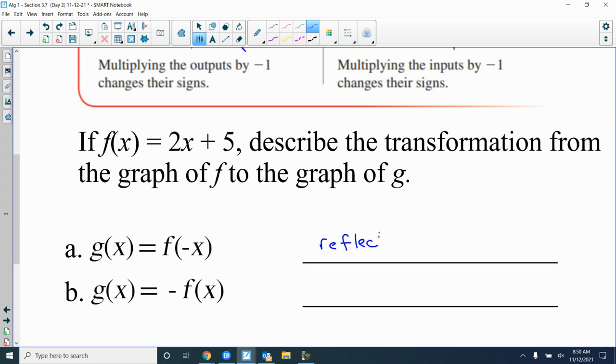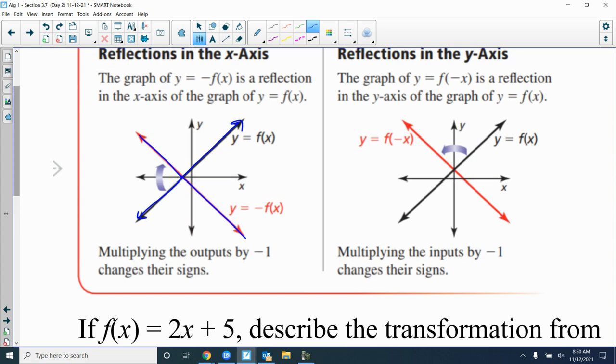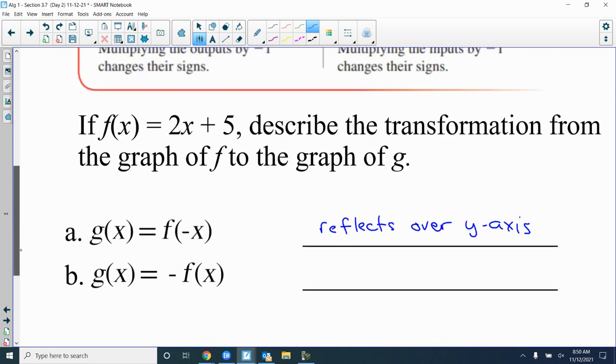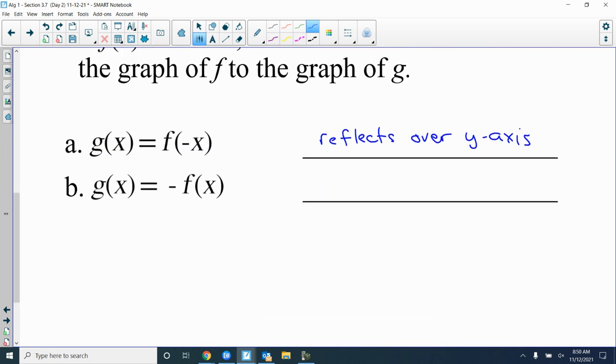So reflects over the y-axis. How about if the negative's on the outside? Okay, that first case there is going to reflect over the x-axis. So it reflects over the x-axis. Okay, so that's an A.